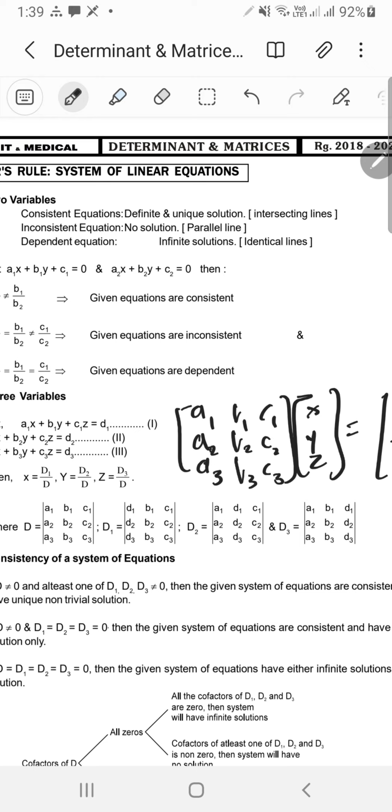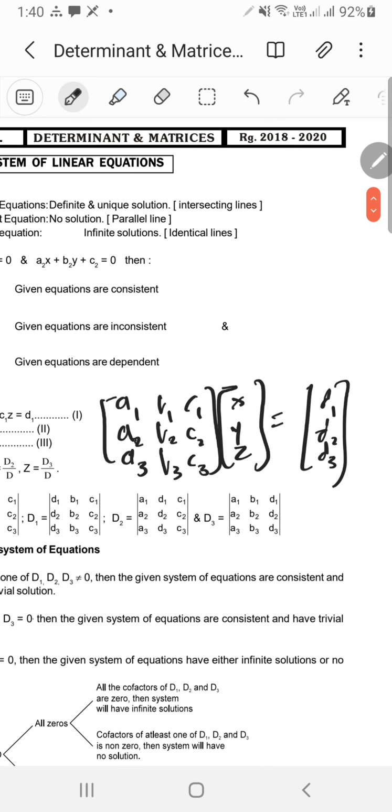This determinant is supposed to give us the volume change. So if you consider x i hat, y j hat, and z k hat, the volume between these vectors times its determinant would be the new volume, which will just be d1, d2, d3.